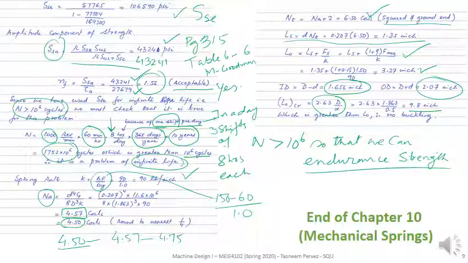And look at it, that LO, how much did we get for LO? 3.27, and this is less than LO critical, and LO critical is how much? 9.8. Will it buckle? No buckling. And that completes the problem.